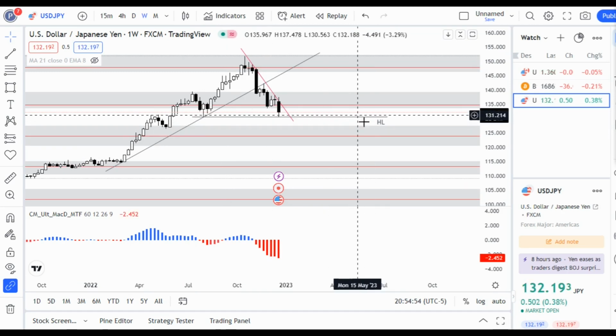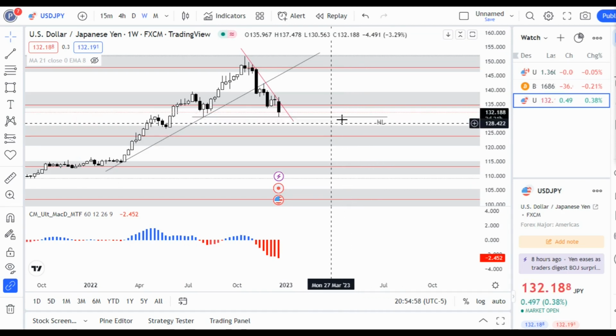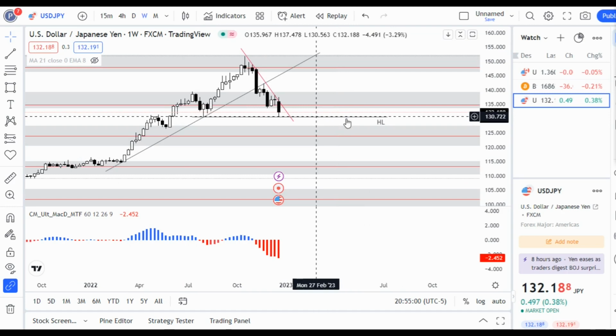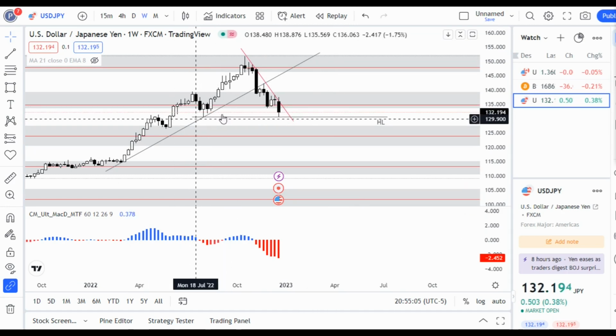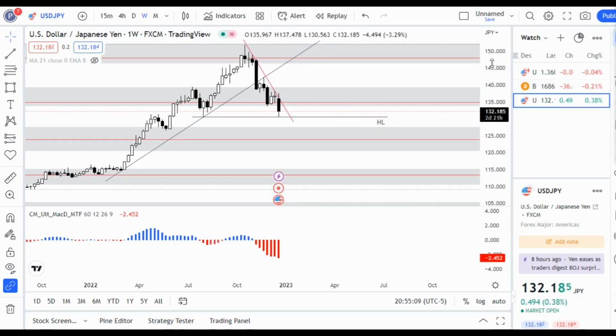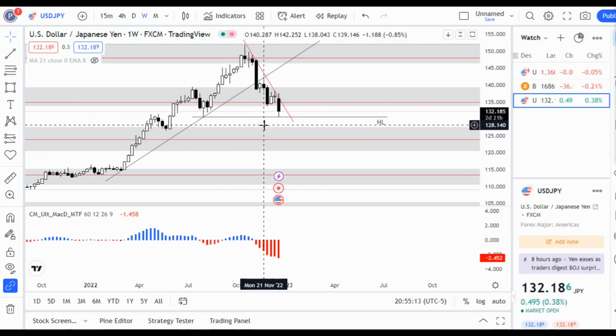Because the current higher low here hasn't yet been broken. It means the market structure hasn't been broken, so we cannot say that the buying has ended. Buyers are still in the game.